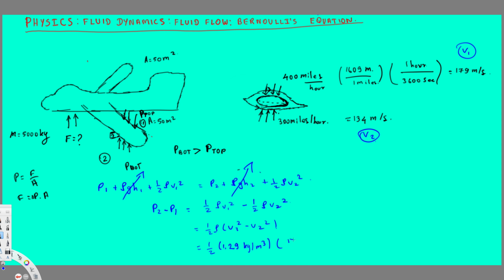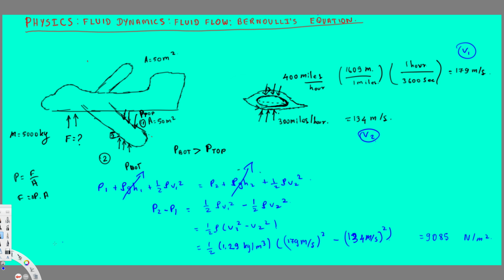V1 is 179 meters per second, minus V2, that is 134 meters per second, and that gives the value of 9085 Newton per meter square. So this is the pressure difference, P2 minus P1.